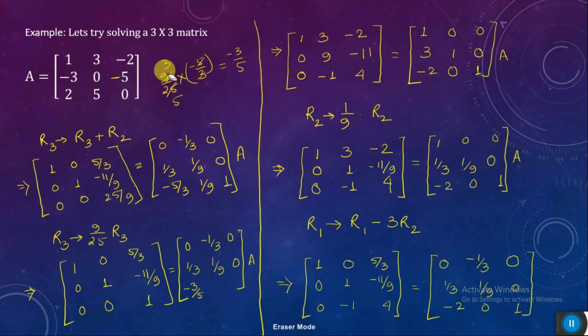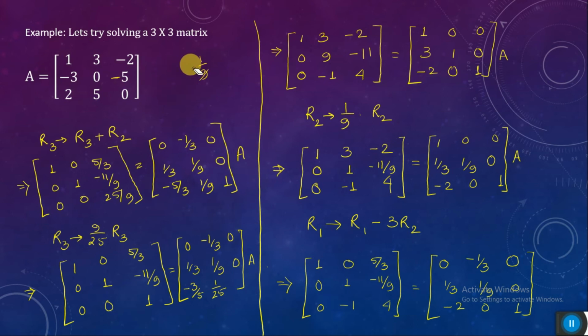The next one, row 3, see, 9 by 25 into row 3 is 1 by 9, 1 by 9, so that should give you 1 by 25. So this is 1 by 25. Clear?